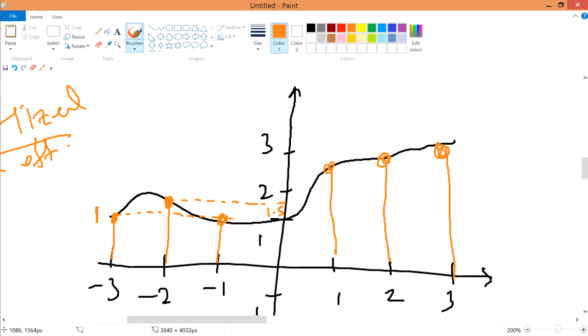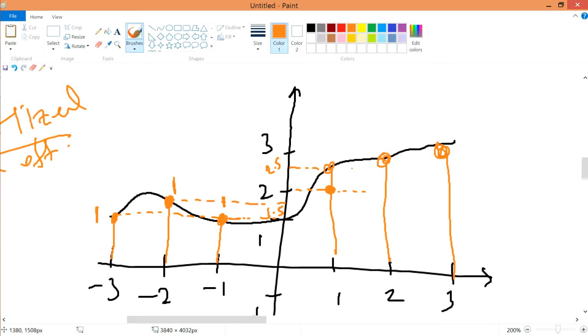So I would round down to 1. So quantize itself is somewhat rounding down. Likewise this is at 1, so I'll just say 1. And then at this point, this is 2.5. I say it's at 2. I quantize at 2.